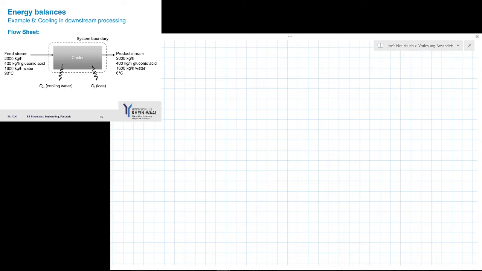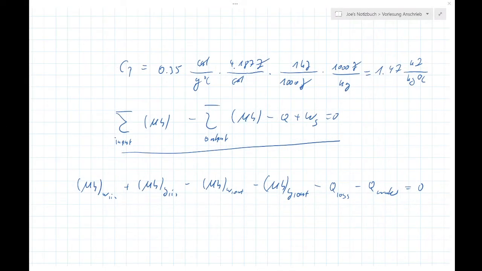It was said that in this exercise you should use kilograms, hours, and kilojoules as a reference. The heat capacity of gluconic acid was given as 0.35 calories per gram per degree Celsius. In the first step, we converted the heat capacity of gluconic acid from calories per gram into kilojoules per kilogram.